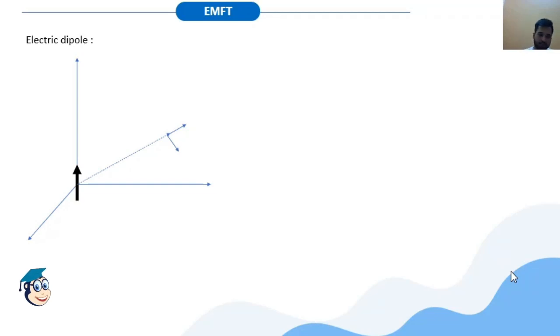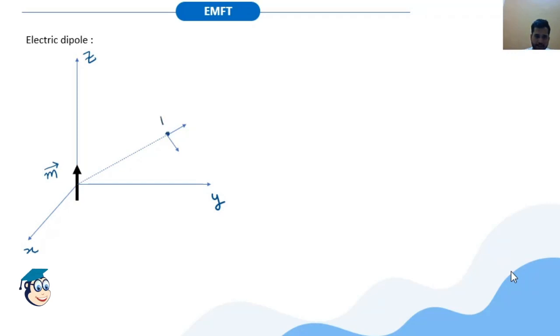Let me name this: this is the x-axis, this is the y-axis, and this third one is the z-axis. Let's say there is some magnetic dipole moment m vector, shown by a black arrow pointing in the z direction.